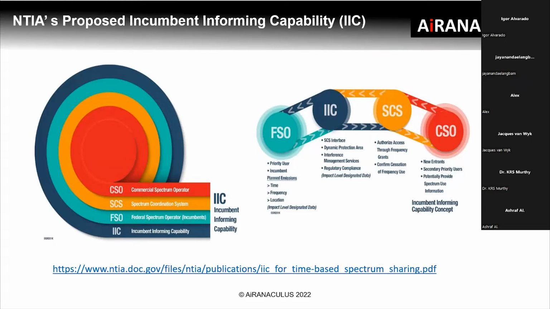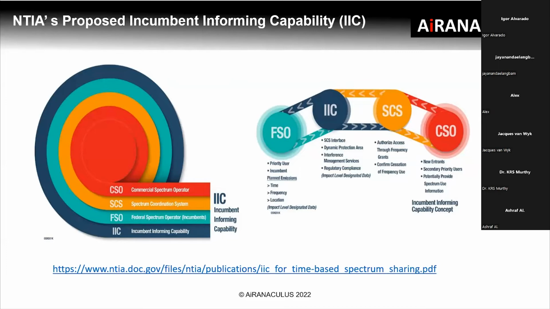And there are many different groups, like, some focusing on the band plan, some focusing on the spectrum sharing regime. But the general thrust seems to be that, especially the telecom operators want to go in the direction of this IIC capability. So there might be de-emphasis of the notion of, for example, a spectrum access system.